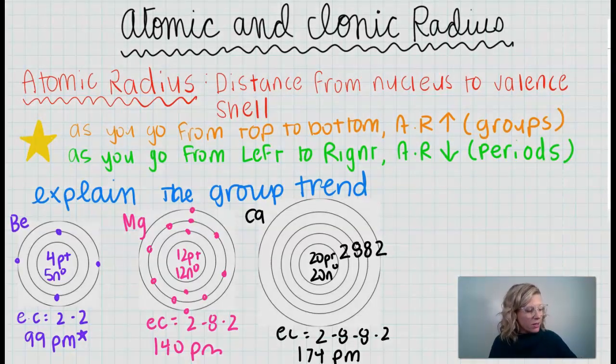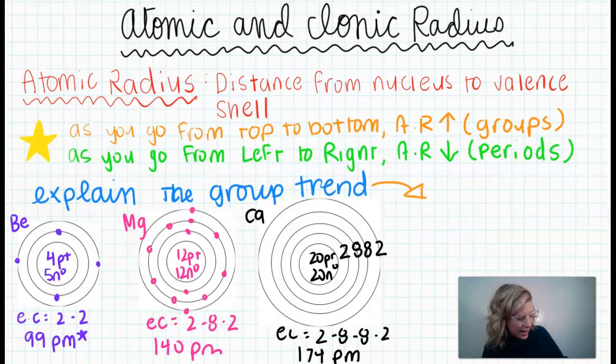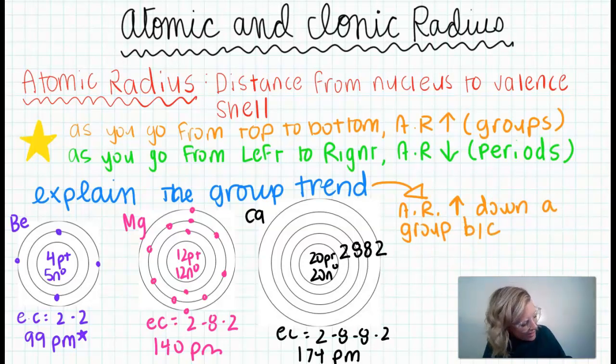But if we were to sit there and give an explanation, I typically like to say that the atomic radius, or AR, increases down a group because we have an increase in the number of electron shells.